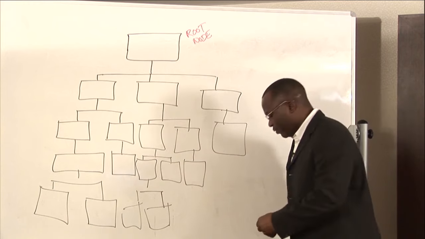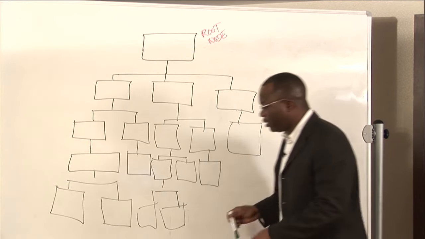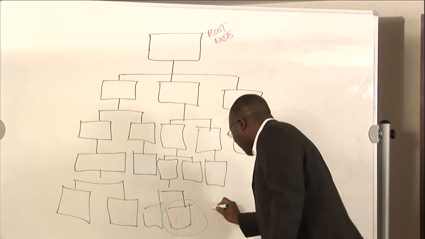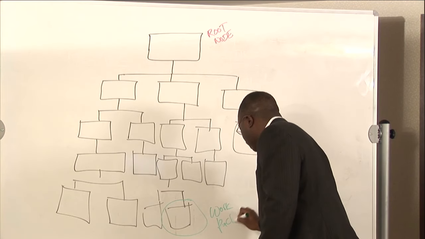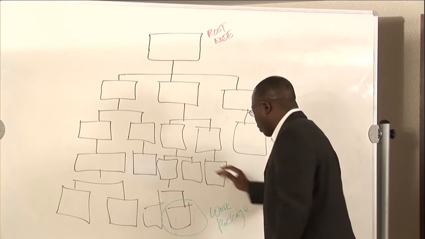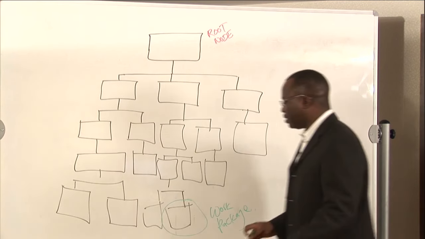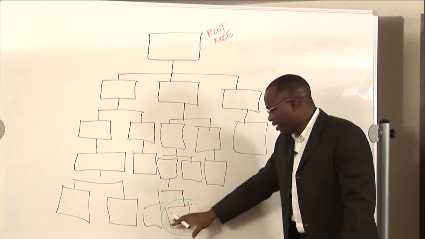We also have, down at the lowest level in the WBS, we call this lowest level the work package level. Work package. So we call it the work package level, and we actually call these elements at the lowest level work packages. So we've got the root node, we've got work packages.